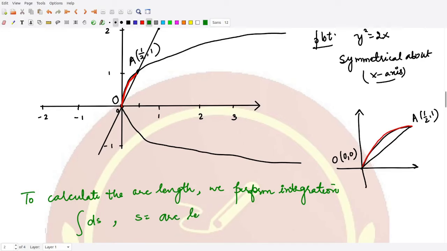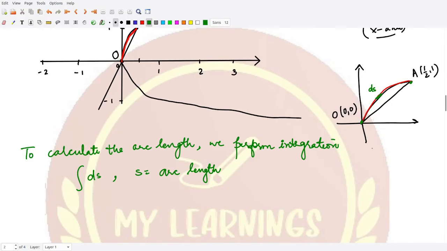So basically what we are doing is taking a very small portion of this arc length, which we are calling ds, and then we would integrate it from this limit to this limit, so that we would get the final complete arc length between the points O and A, right? So we are interested to calculate this integration of ds. So we wanted to calculate this thing.